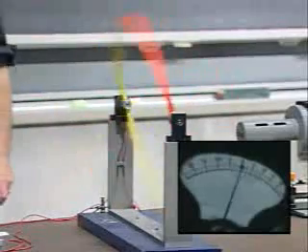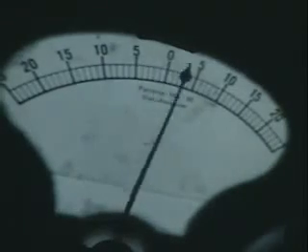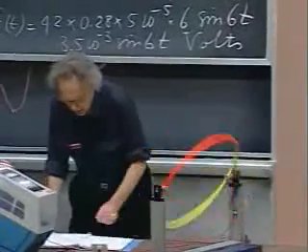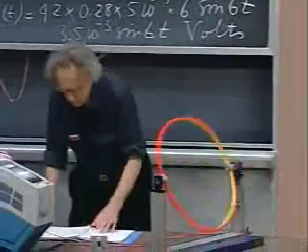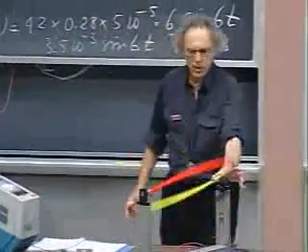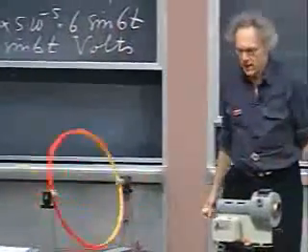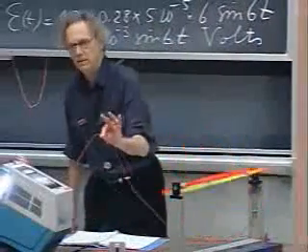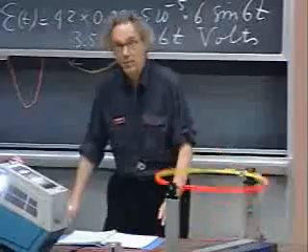This is about as fast as I can go. It gets almost up to 4 microamperes maximum. And so we are producing here AC, alternating current. We have slipping contacts here so that the system doesn't break. And we could put a light bulb here somewhere in this line, and then the light bulb may glow.